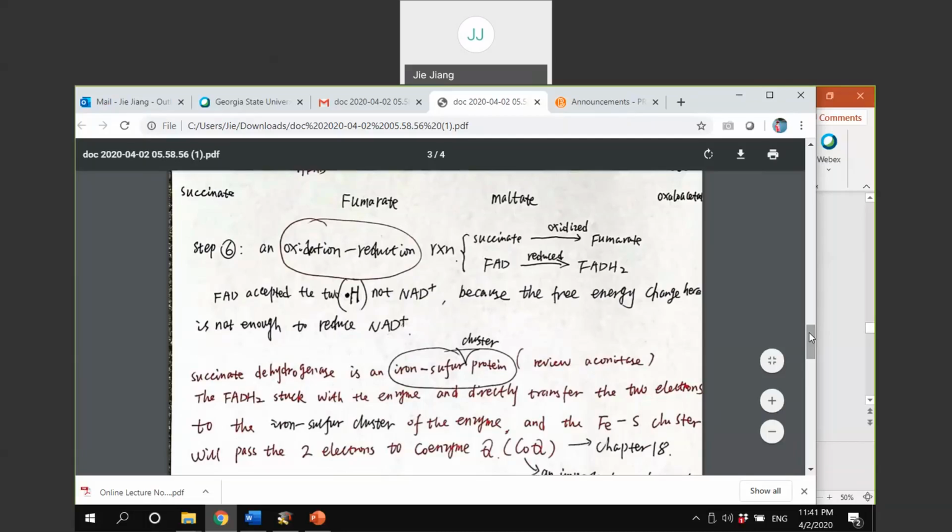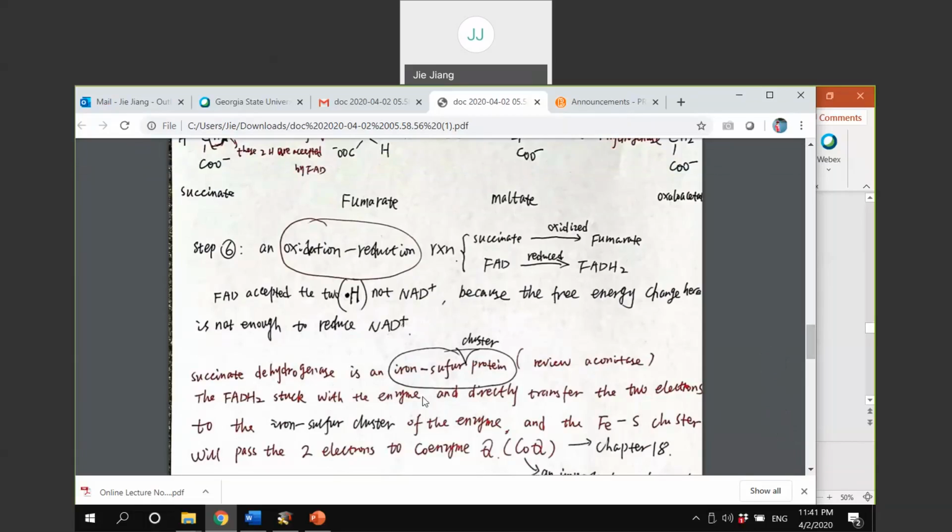Very interesting. This FADH2 being formed from FAD will stick with the enzyme, and it will not leave. It will stick with the enzyme and directly transfer the 2 electrons it just accepted to the iron-sulfur cluster of that enzyme.